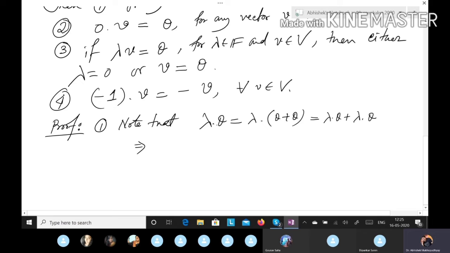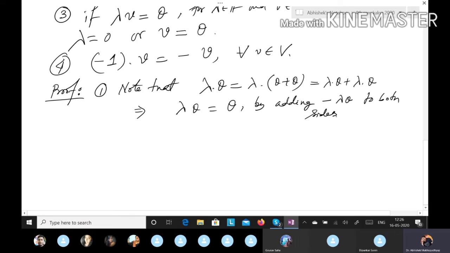Then we shall cancel out one lambda theta from both sides, or you can add minus lambda theta to both sides. You will have lambda theta equal to theta just by adding minus lambda theta to both sides.